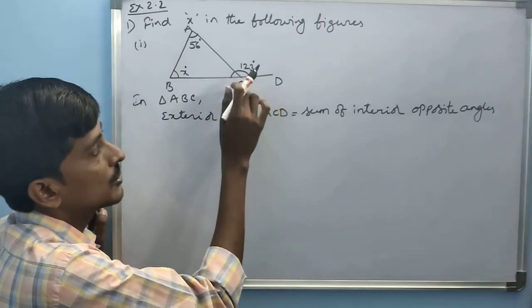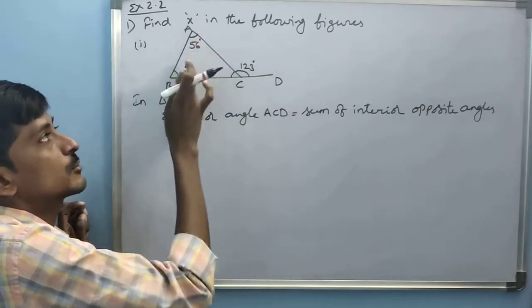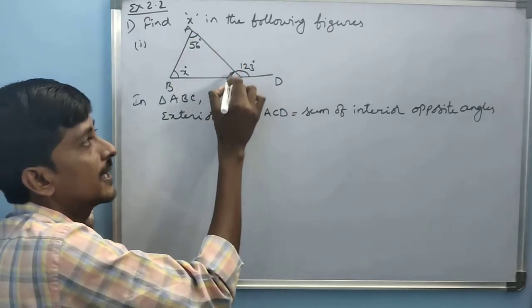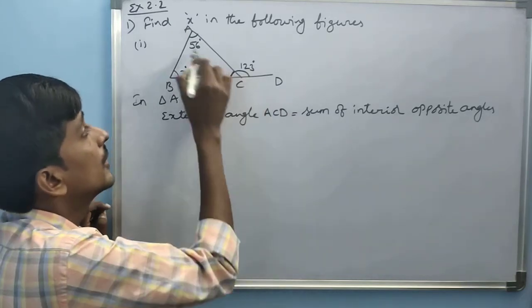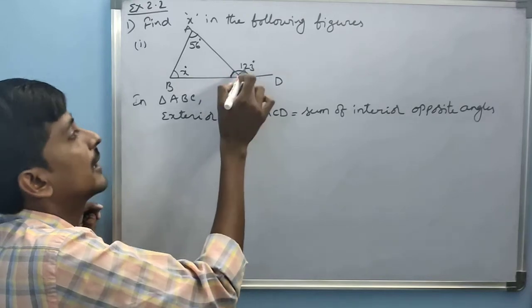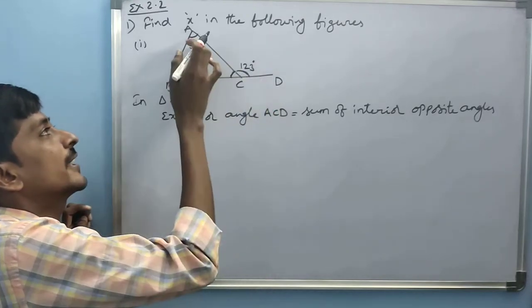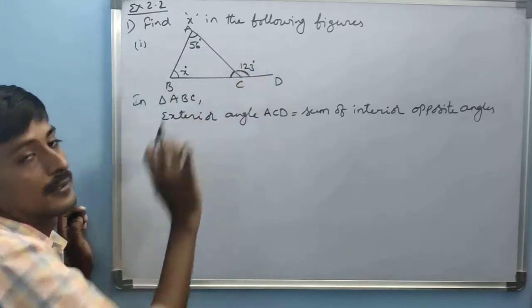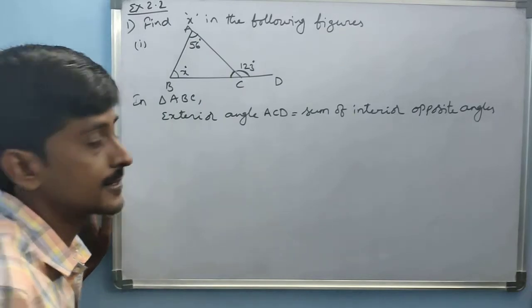These two are the opposite angles, and this is the adjacent angle, so this angle is not added. The exterior angle equals the sum of the interior opposite angles. These two are called opposite interior angles.